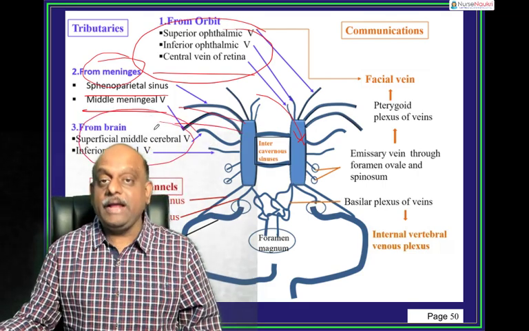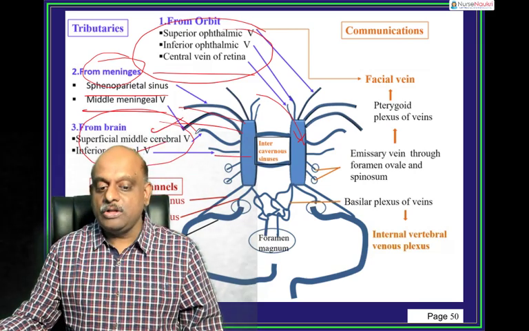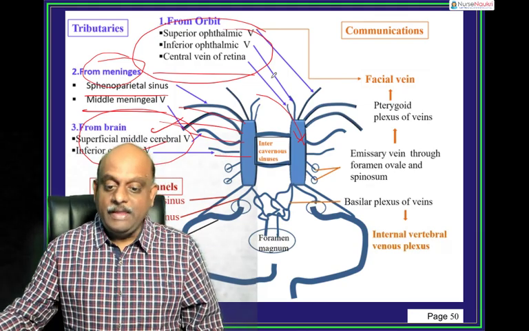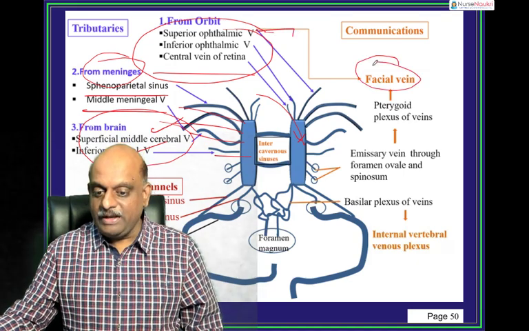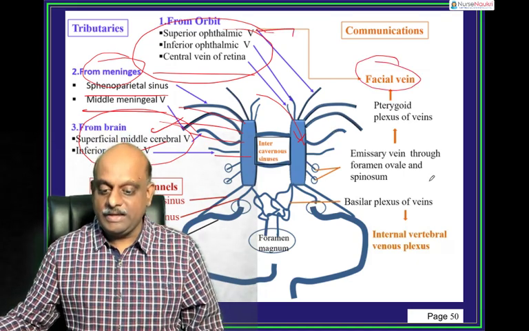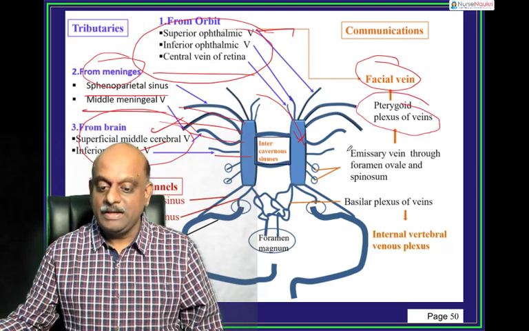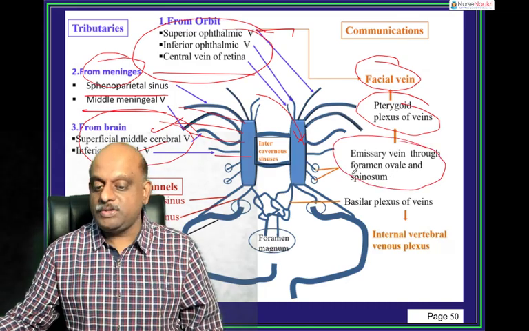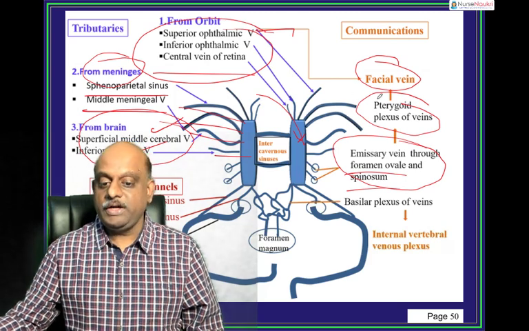From the brain, superficial middle cerebral vein, inferior cerebral vein also will drain into the cavernous sinus. Then from the orbit, facial vein into that, the pterygoid plexus of veins will be draining, and they pass through an emissary vein which passes through the foramen ovale and spinosum is what you need to remember.